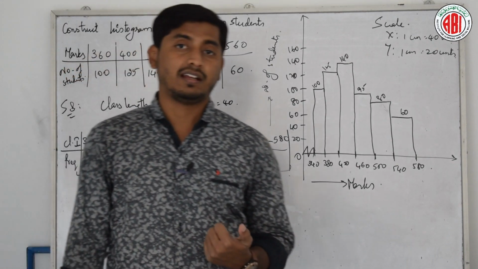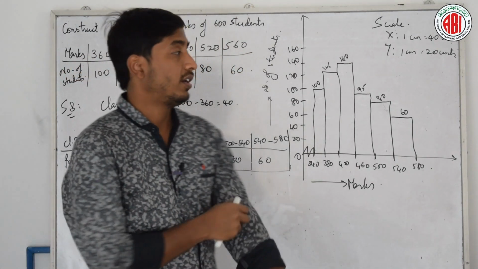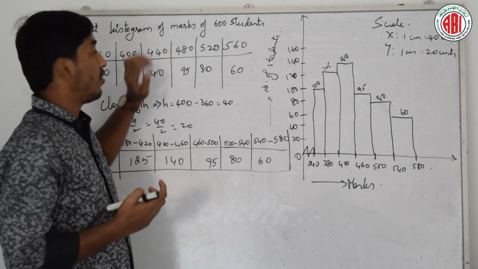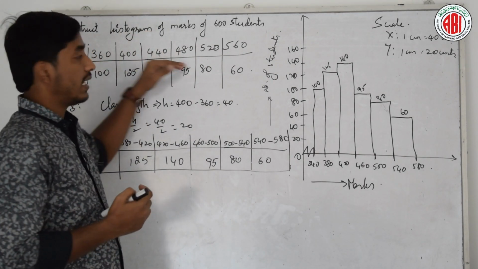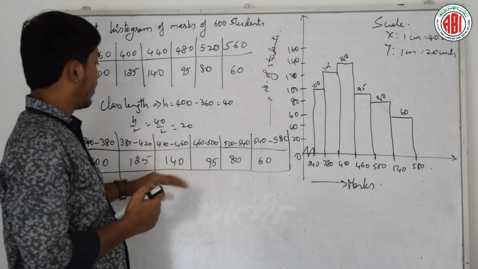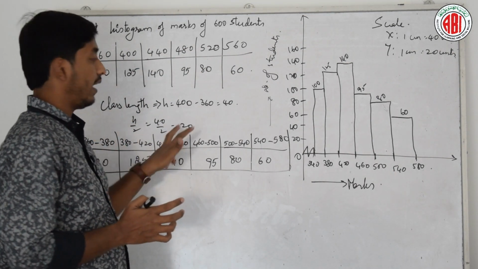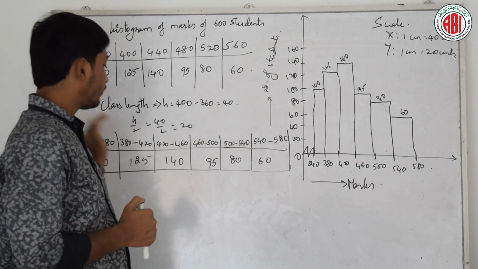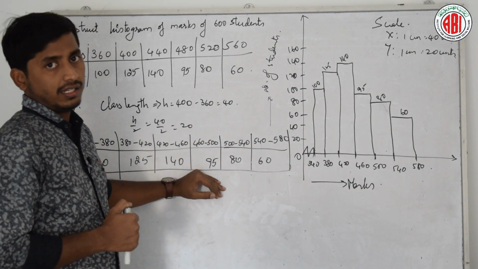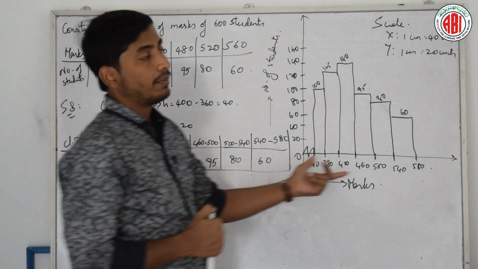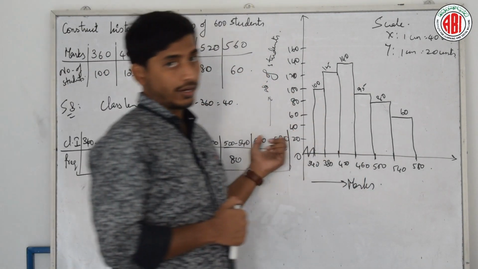What did we learn here? He is asking us to construct the histogram. How do we construct? First he will give a table like this. If we are given this kind of table directly, we can directly write it. This is grouped data, so we can do it. Just construct this kind of table. Then mark the x-axis, mark the y-axis accordingly.